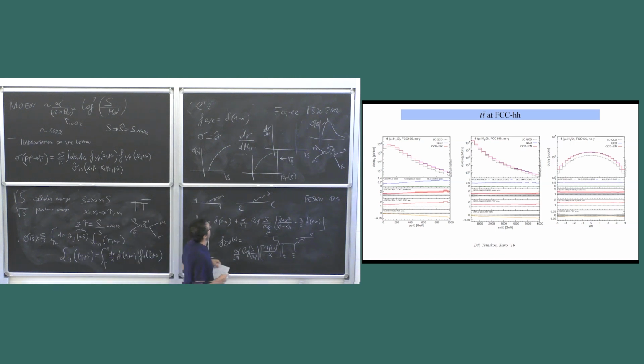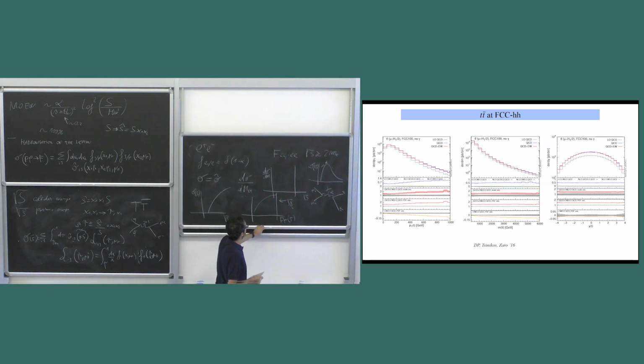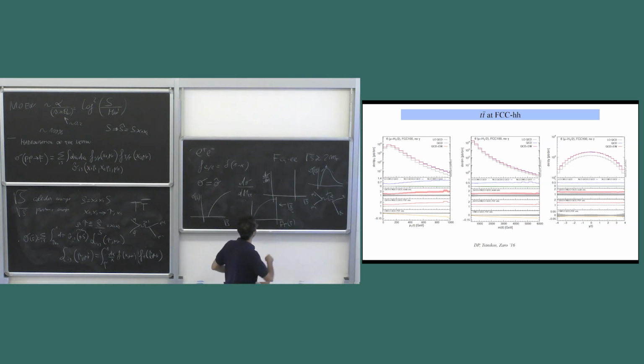So now we had this picture here. In reality, the picture is a bit different. Okay, so it's something that is not a peak, it is something that is going down. Let's say it's going to a super small value, and then there is a very small bump here, close to 2 times m top.